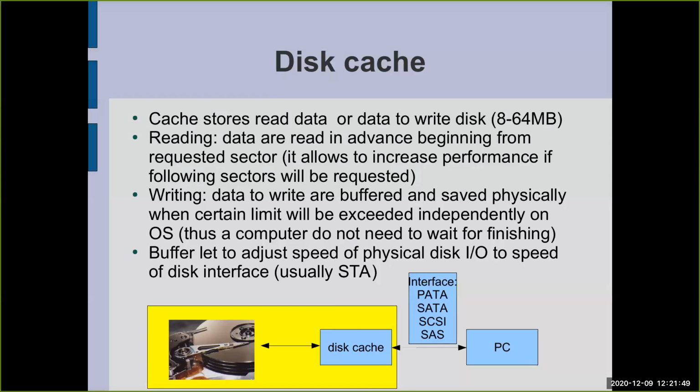But what do you think when we want to transfer, let's say, a file of size 1 gigabyte? Does cache size affect the hard drive performance or the transfer rate or not?